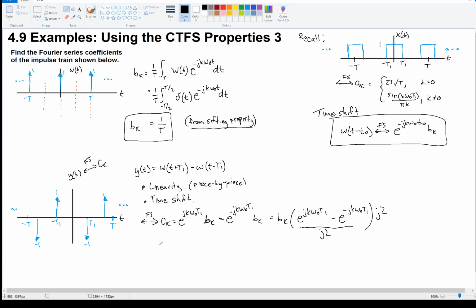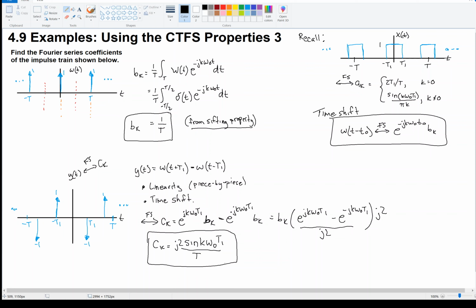So the ck's that I'm looking for are j2 times the sine of k omega 0 t1, times bk, and the bk's are constant at 1 over T. And there's my answer. Those are the Fourier series coefficients of y of t.